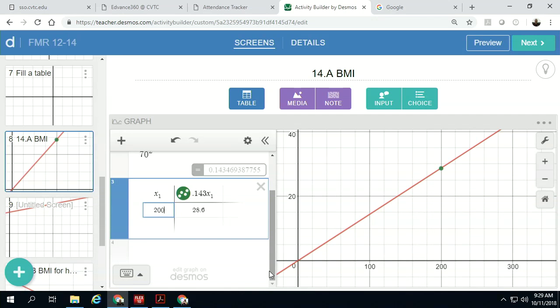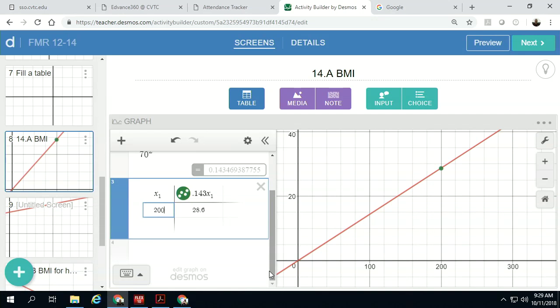But the height is something you can't change. So if the weight is 200, what kinds of questions would a person ask themselves in connection with filling out a table like this? I want to get into a healthy BMI, right?